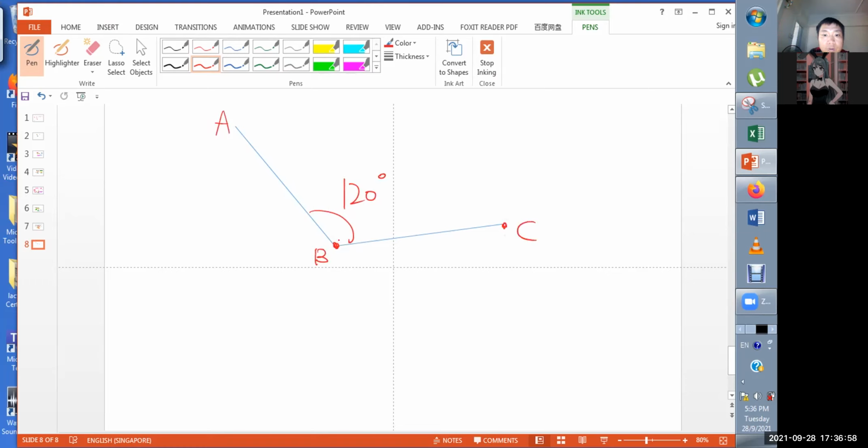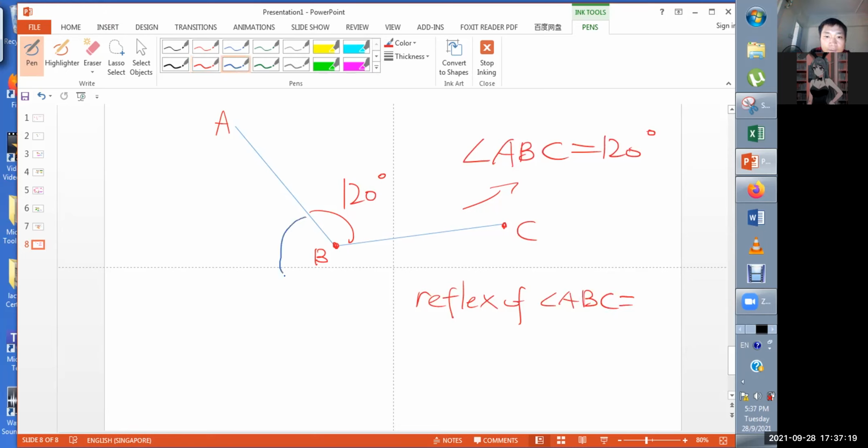So how do you name this angle? It is angle ABC is equal to 120. Okay, so far so good. Okay, good. What if they ask you reflex of angle ABC? The meaning of reflex is the outside one. So what do you think?